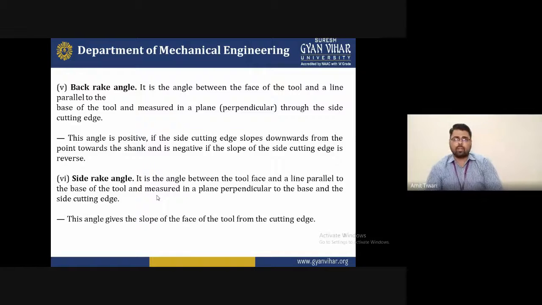For good machinability, the cutting edges of the cutting tool must be sharp and cut the material easily, because when the cutting speed is high and the cutting edge is sharp, it is easy to cut the material from the workpiece.